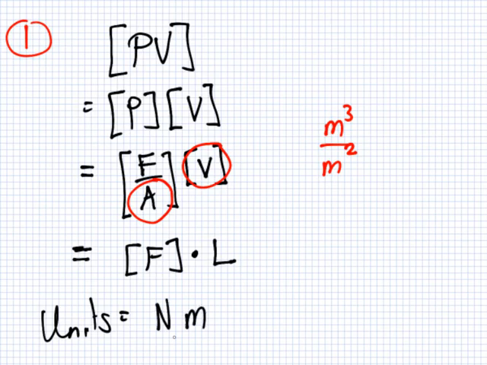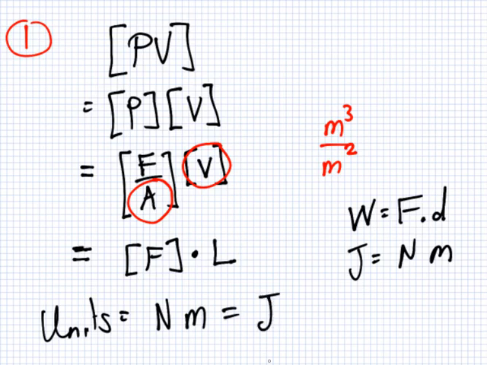Does Newton meter look familiar? Do you remember the formula work equals force multiplied by distance? So that means joule is Newton meter. So the answer is units of joule.